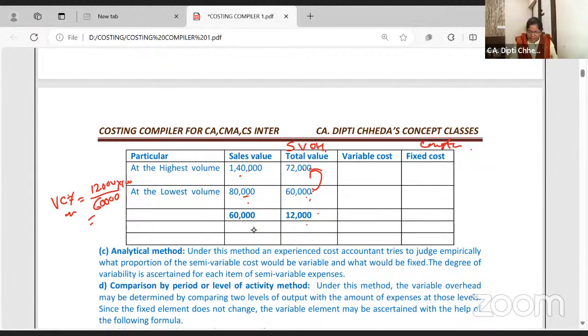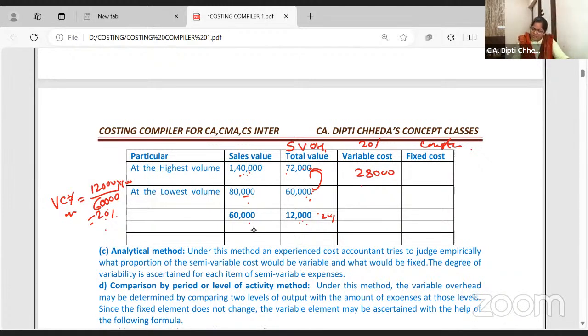Are you understanding the point? So your variable cost percentage is the change in cost because of the change in sales, and that's 20%. So 20% of sales is variable cost: 12,000 on 60,000 is 20%. So on 140 it is 28,000 variable cost.